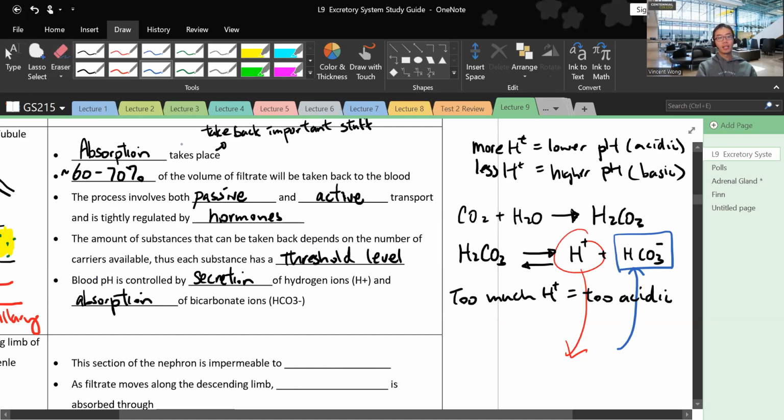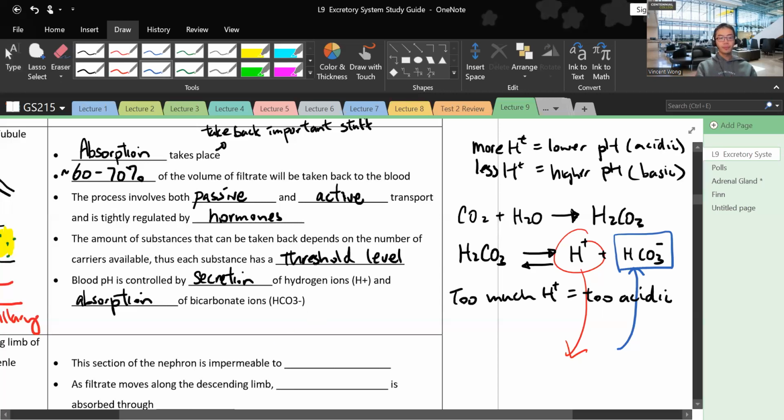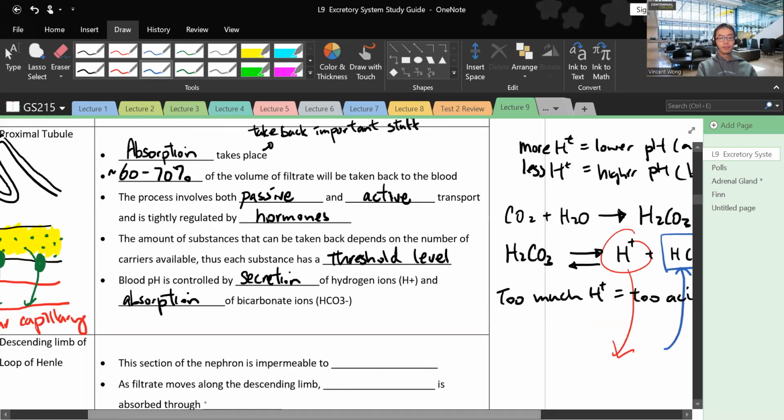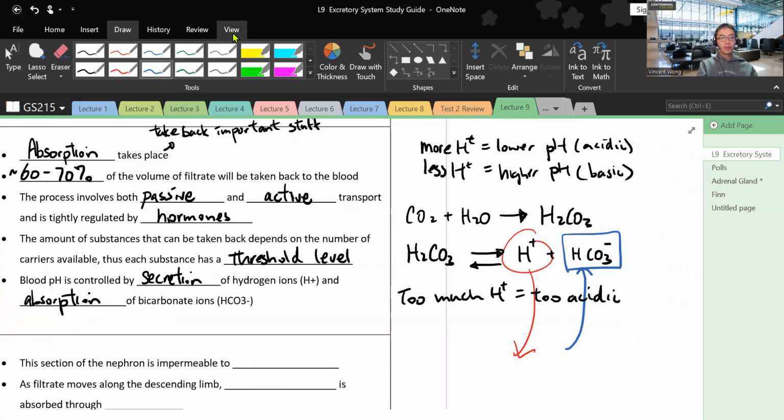Okay, so that's how the kidney helps buffer your blood. Does that make sense? Let me know if you have questions, okay?